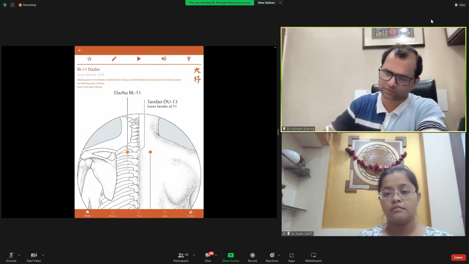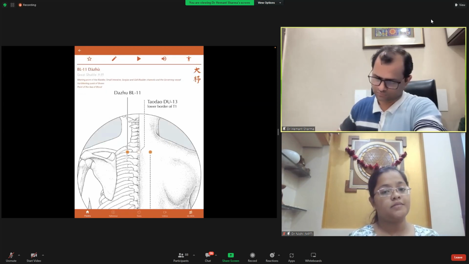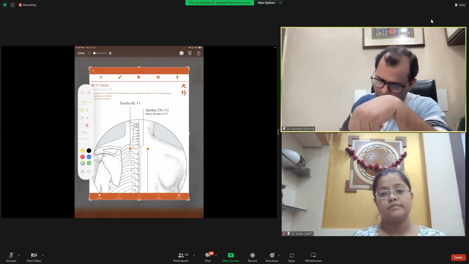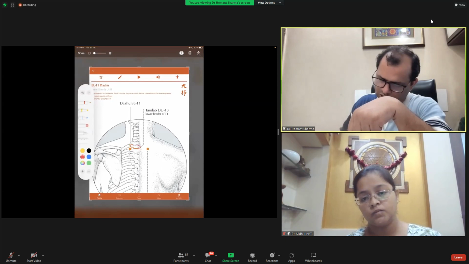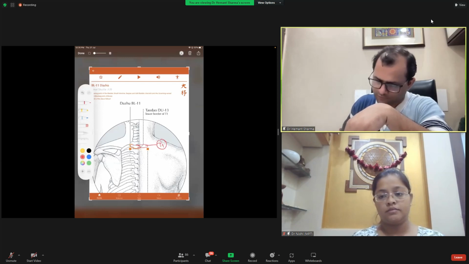So you can see in this image, this is the thoracic vertebra. Below that, there is a depression.